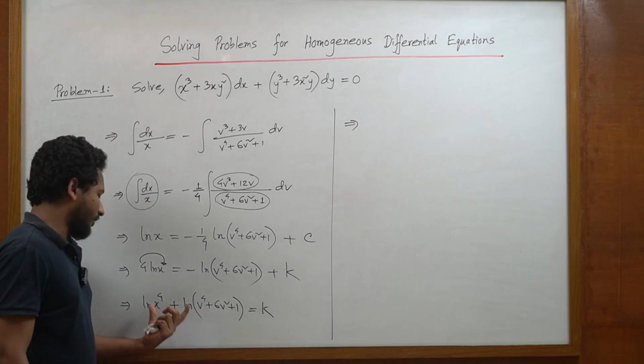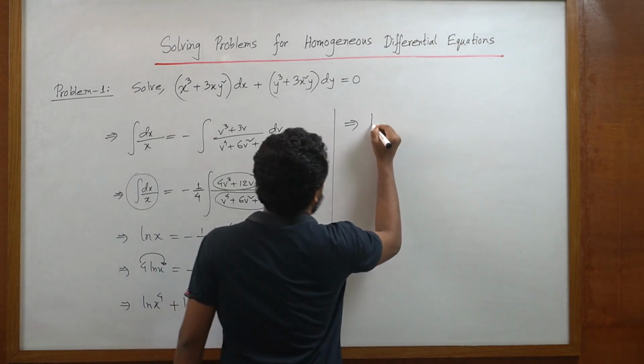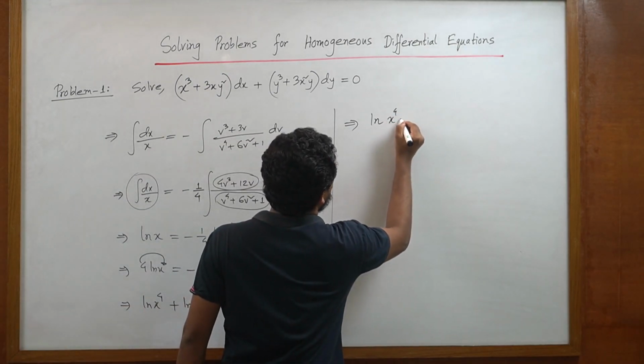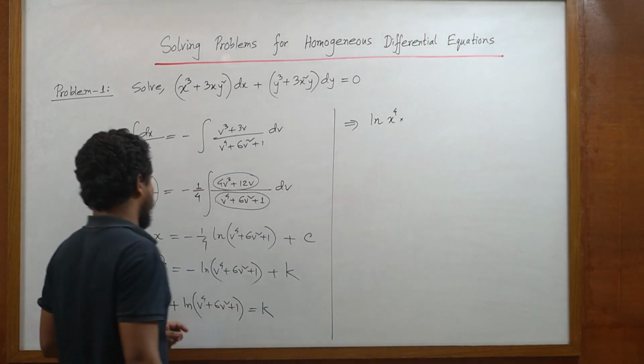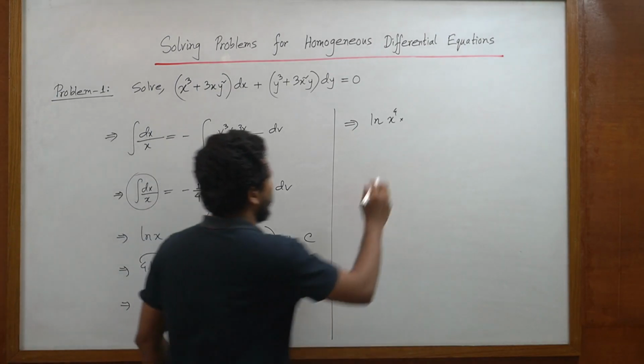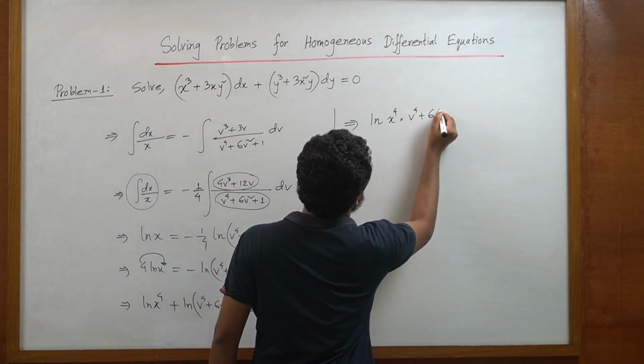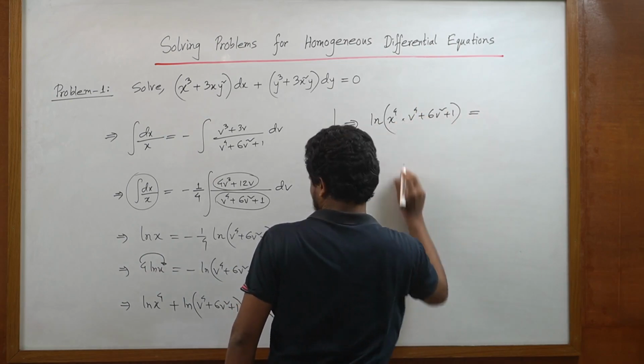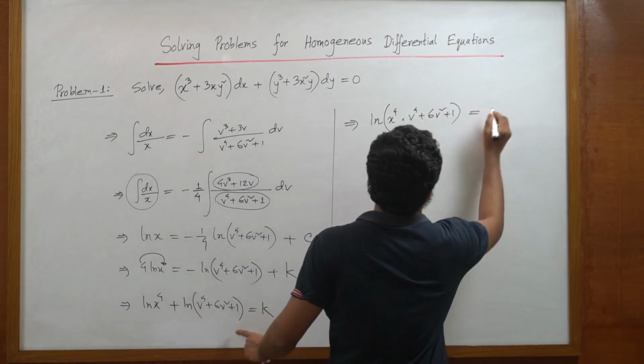Here we can modify it as ln[x⁴(v⁴ + 6v² + 1)] = constant.